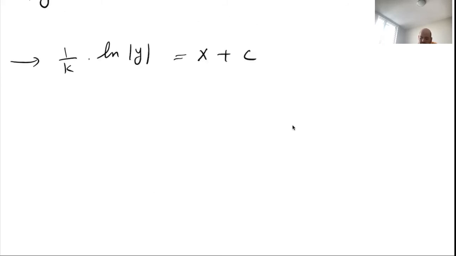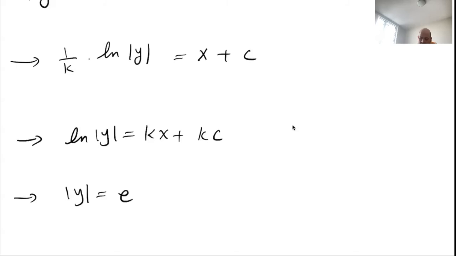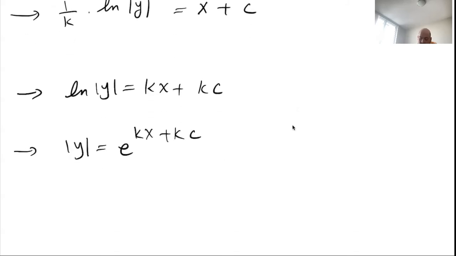All right. And then if I multiply both sides by k, ln absolute value y equals kx plus kc. And then absolute value y will be e to power kx plus kc, which I can write as e to power kc times e to power kx.